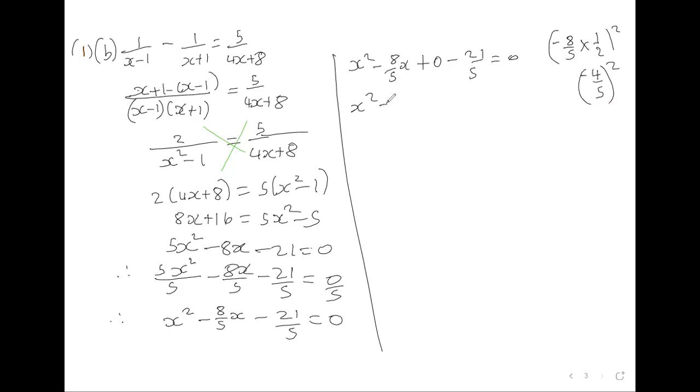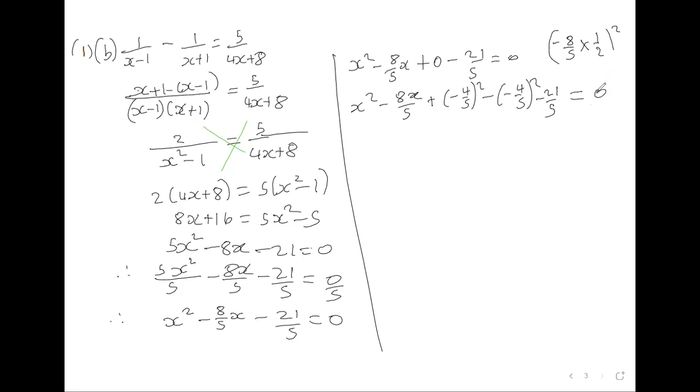So we have minus 8x over 5 plus negative 4 over 5. We square this and subtract the same quantity. 4 over 5 squared, then minus 21 over 5 equals 0.